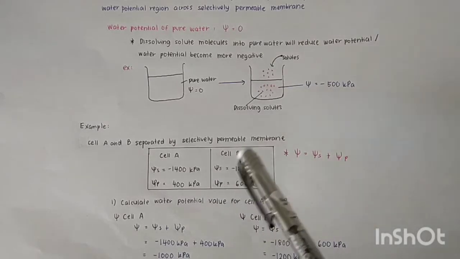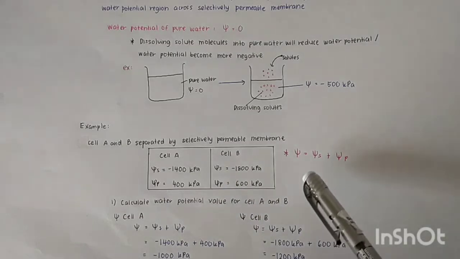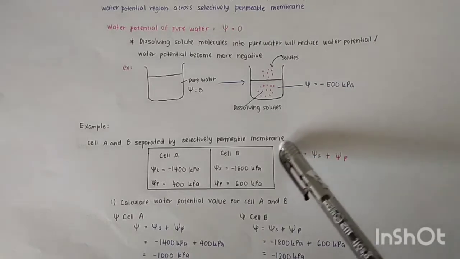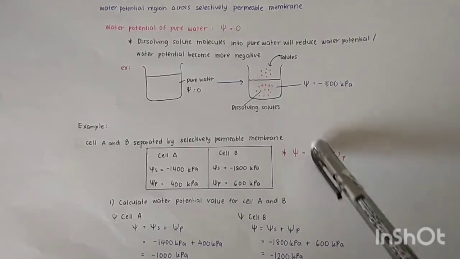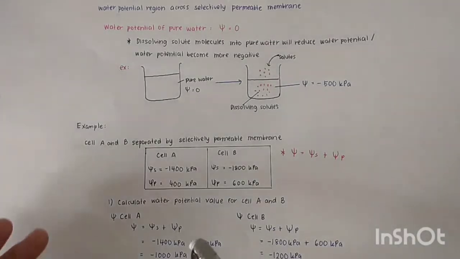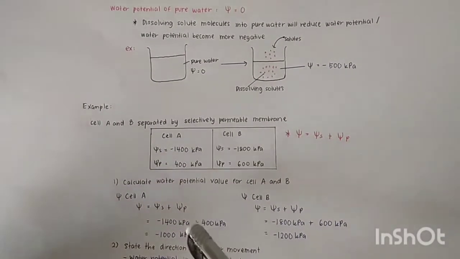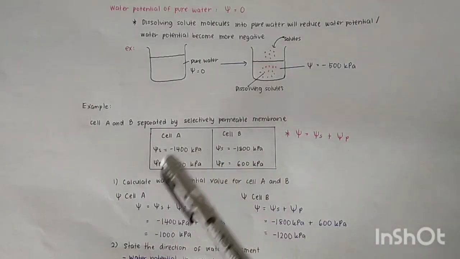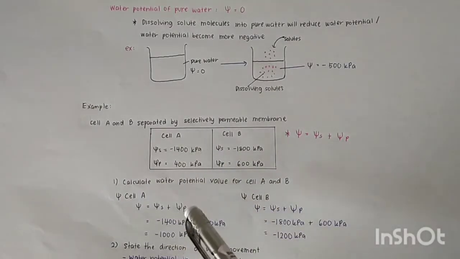So remember, you have to know the formula to calculate the water potential. So how to calculate the water potential? Water potential is equal to solute potential plus pressure potential. That's why if the question asks you to calculate the water potential value for cell A and also cell B, just masukkan sahaja di dalam equation.